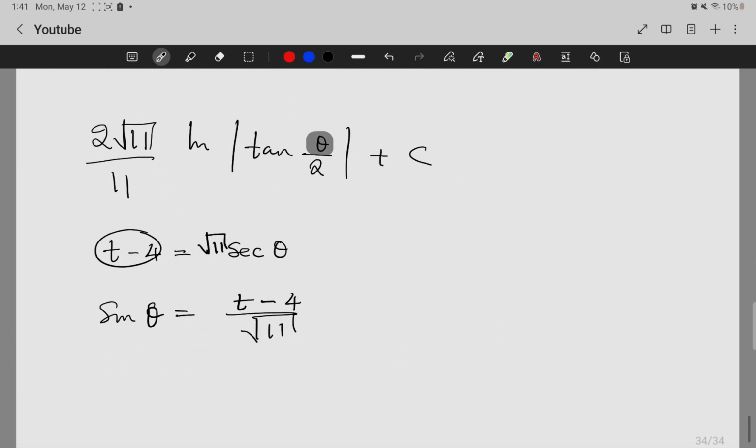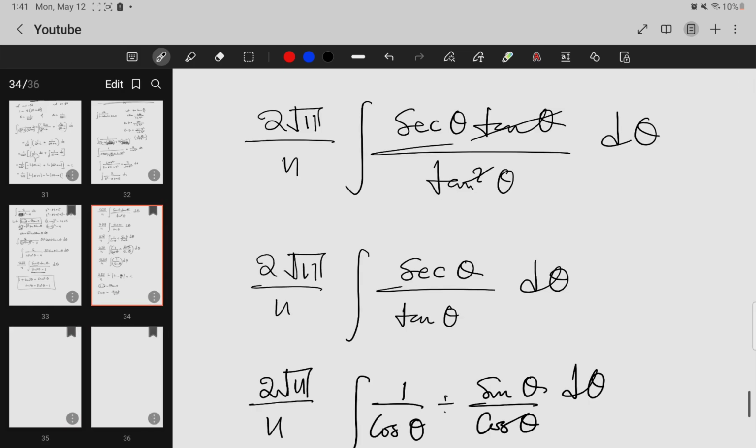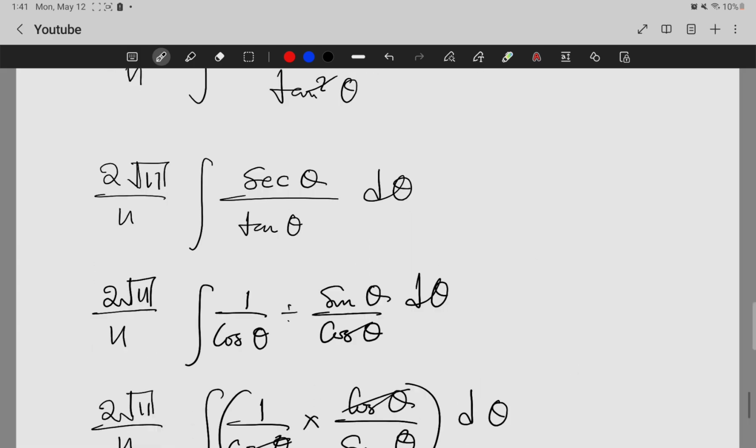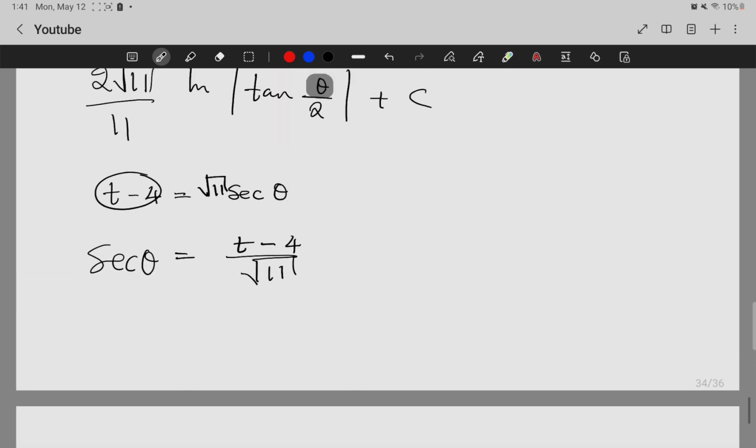Okay, so this is what I have here. This is not sine, this is sec. So I have sec theta equals that. We know sec is just 1 over cos.